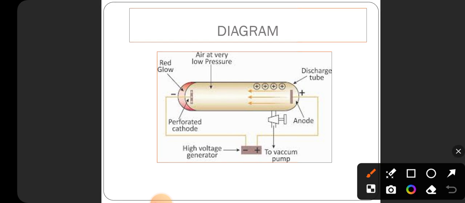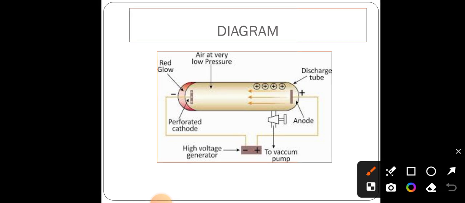Now let us understand what happened when the circuit was on. When the circuit was complete, since there is hydrogen gas here, the rays from the cathode started moving towards the anode. The cathode is an electrode having electron-rich material, and that keeps moving towards the anode, which is electron deficient.